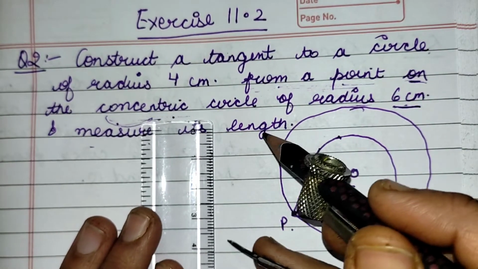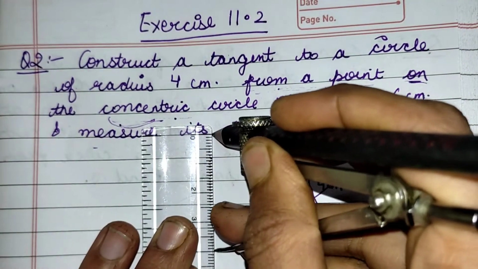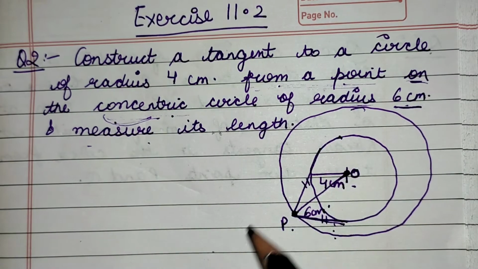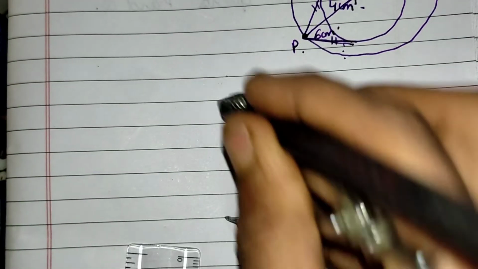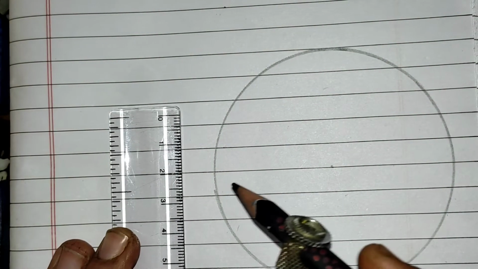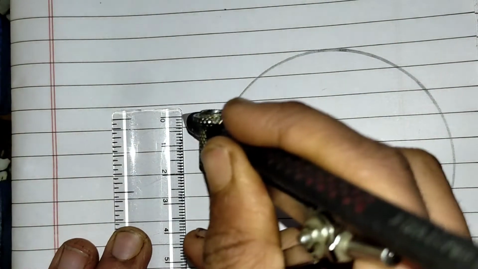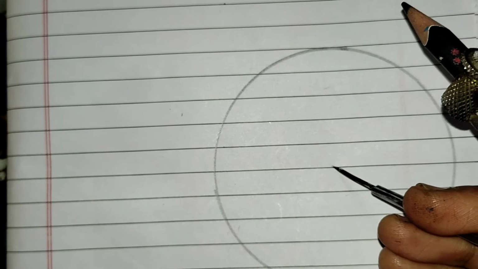So first open your compass equal to 4 centimeter, right? Take it as center. So this is my 4 centimeter, right? Now another concentric circle which is of 6 centimeter. So this is my base and I am going to draw another circle of radius 6 centimeter.